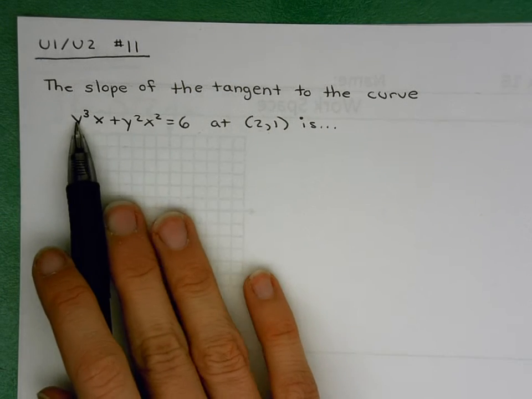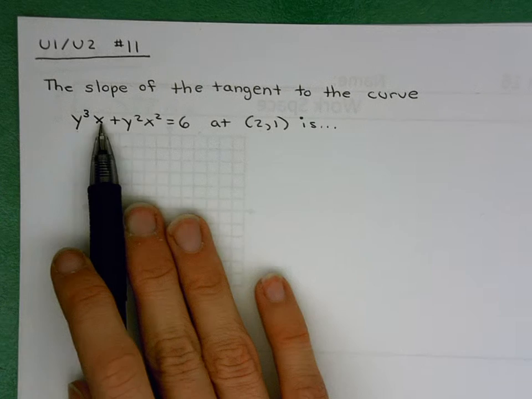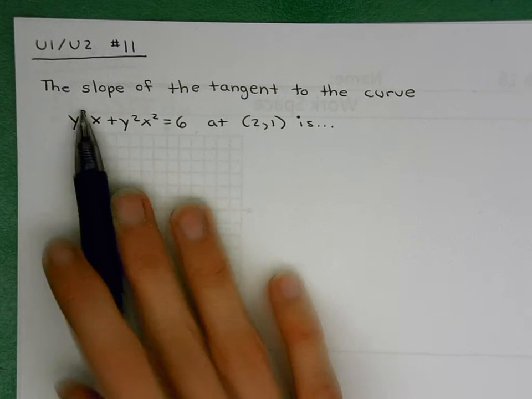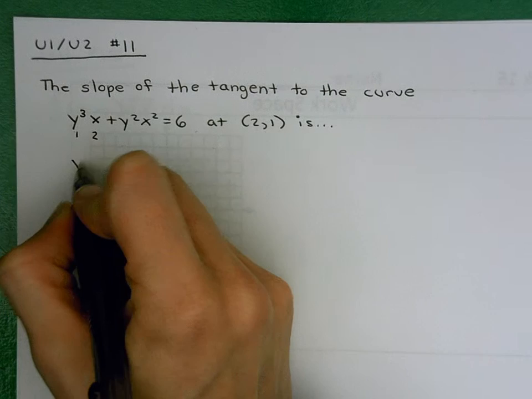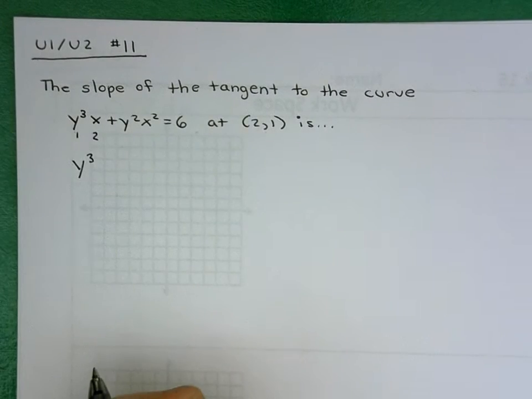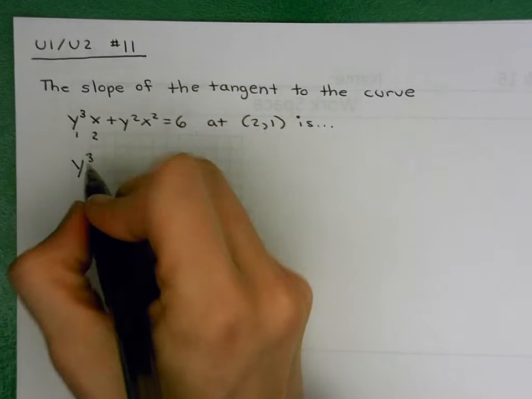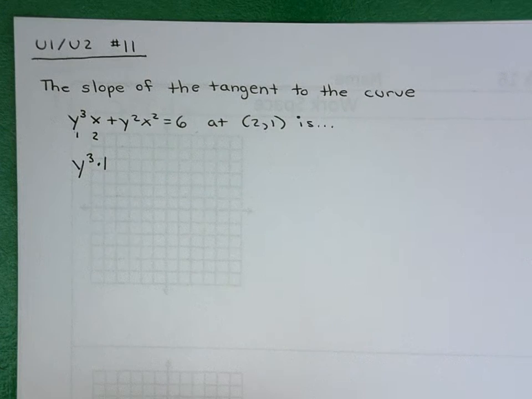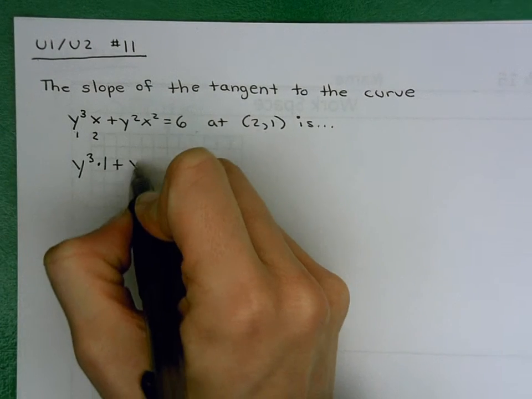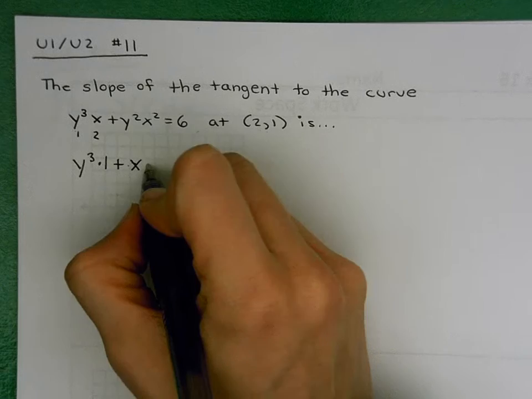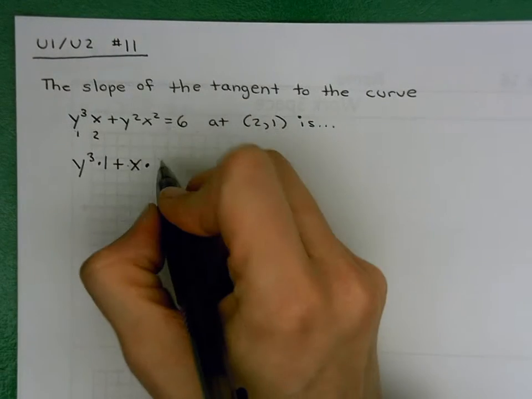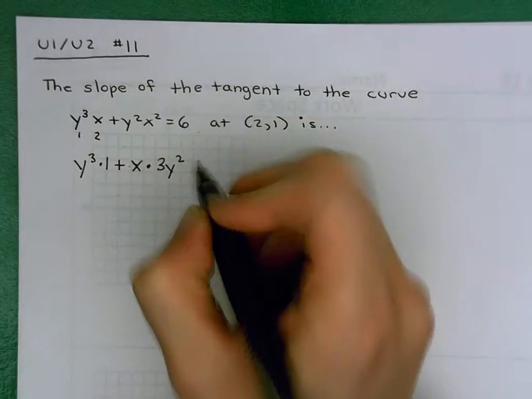with this y cubed x term, I notice I have two things being multiplied together. So this is product rule. Right? So we have our 1 and our 2. So 1, which is my y cubed, d2, derivative of x is 1, plus my 2, which is my x here, d1, derivative of y cubed, is 3y squared.